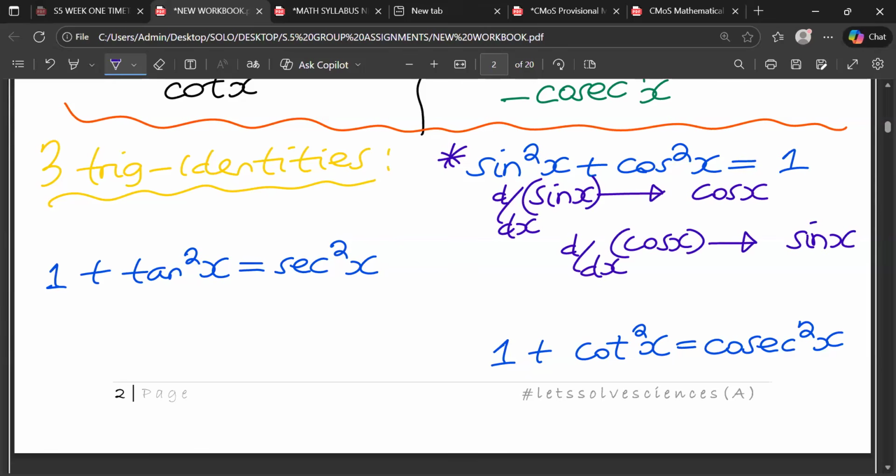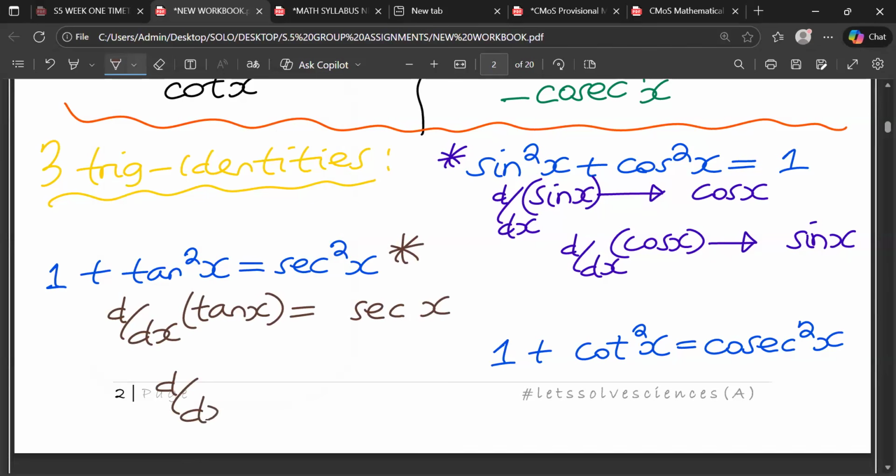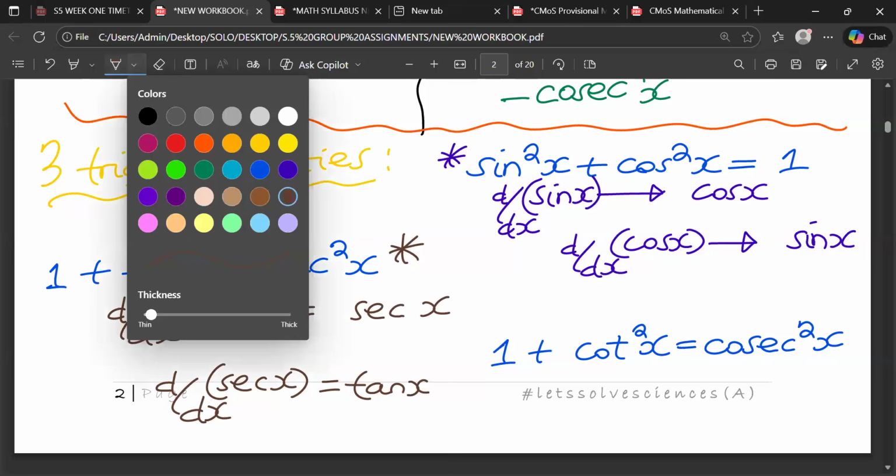Then in the next identity, tan is with sec. That means when I differentiate tan, sec must come. I know it is sec squared, but you first listen. Sec must come. Then when I differentiate sec, tan must also come.